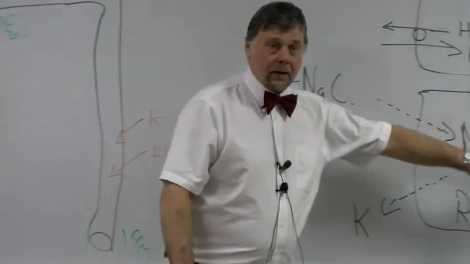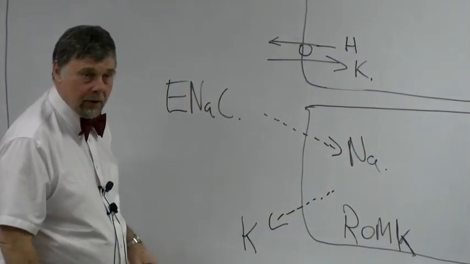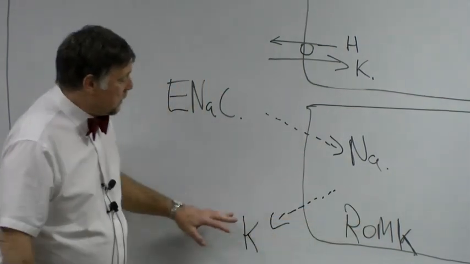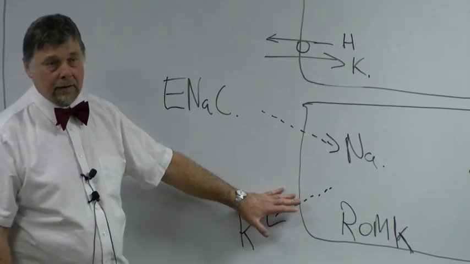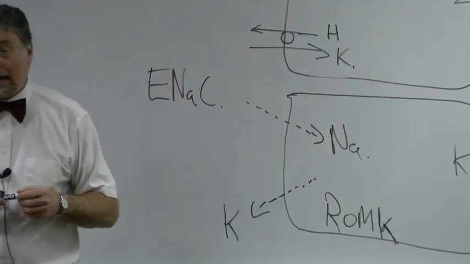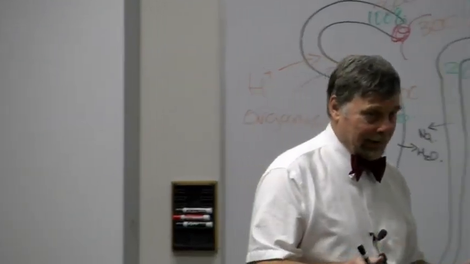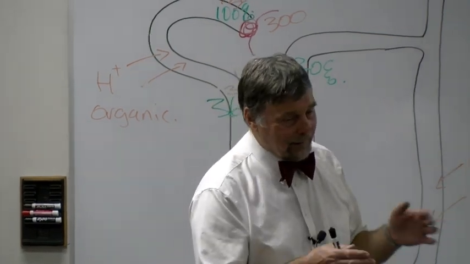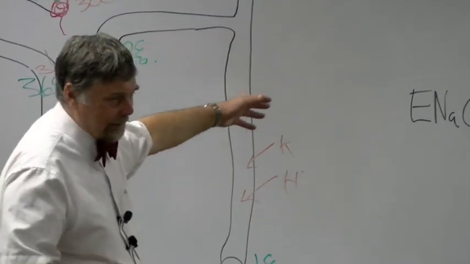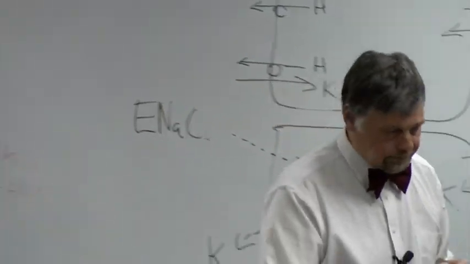If you poison this cell, it turns this off and it turns this off. And so it limits the amount of potassium secretion in these cells, hence potassium sparing. Now, having said that, that doesn't mean that you use a potassium sparing diuretic and you don't lose potassium. It just kind of limits it. You know, any kind of diuretic is likely to lose potassium, but this loses less potassium than you might otherwise if you inhibit sodium reabsorption elsewhere.